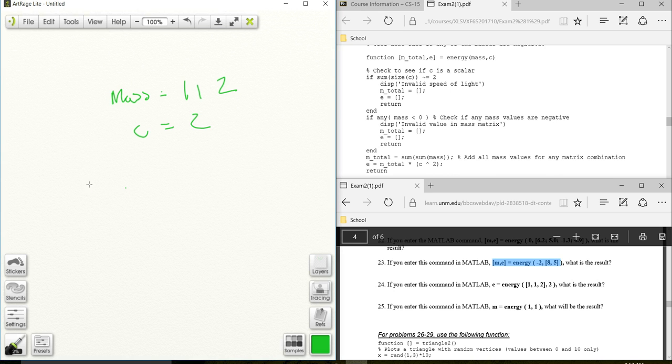So we see M total is equal to the sum of the mass, which is 4. E is equal to M total times C squared, or MC squared. C squared is 4, times 4 is 16.